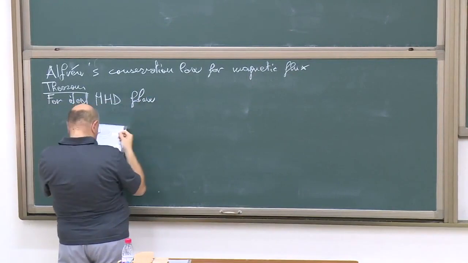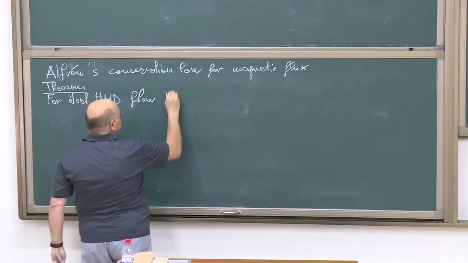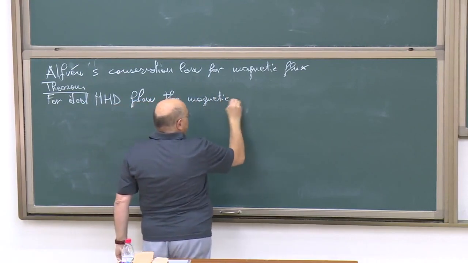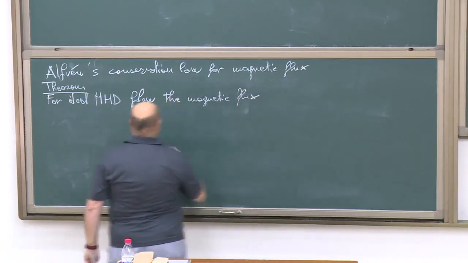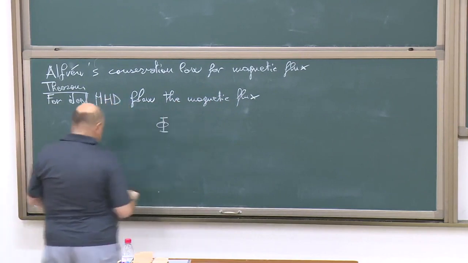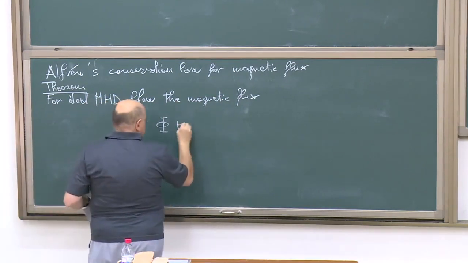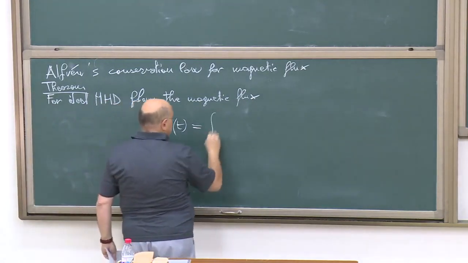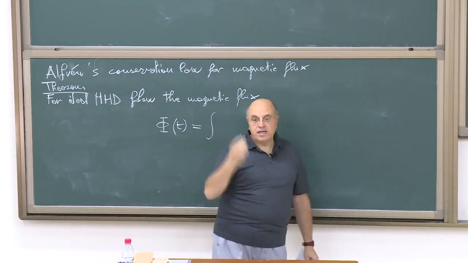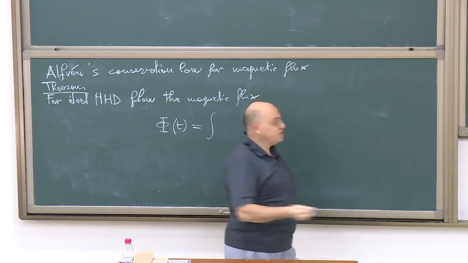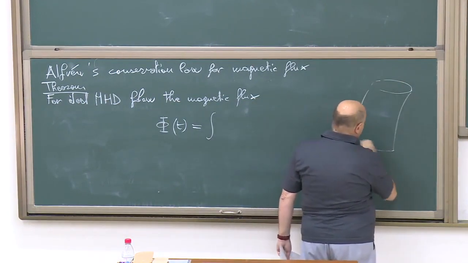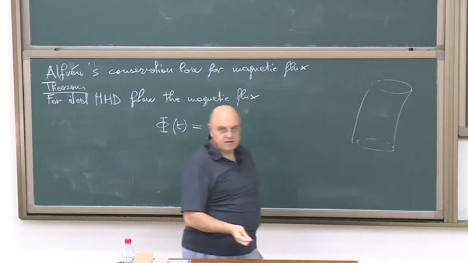For ideal MHD flow, the magnetic flux, let's call it phi, in general is a function of t. Let's define it. If we have a tube in mind, it's very easy to define it. So I will think of a tube. Of course, the definition of a flux is general.